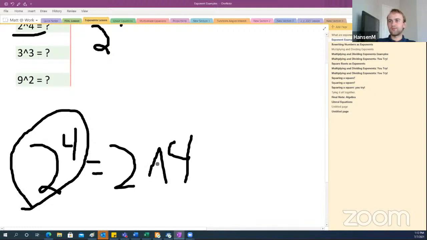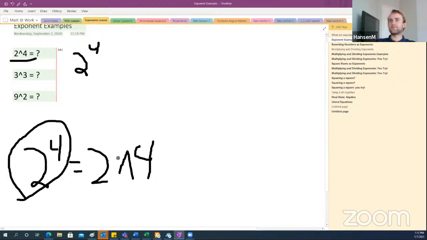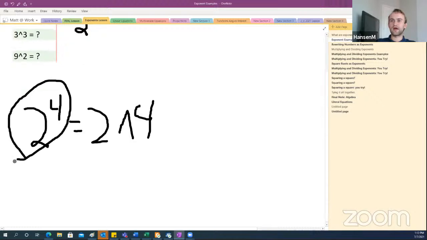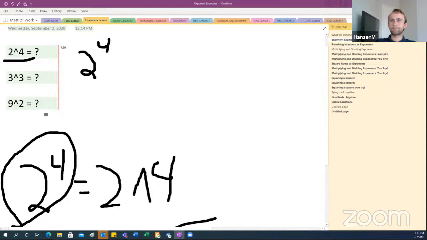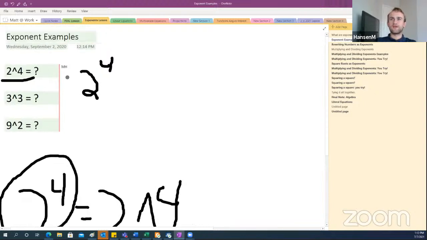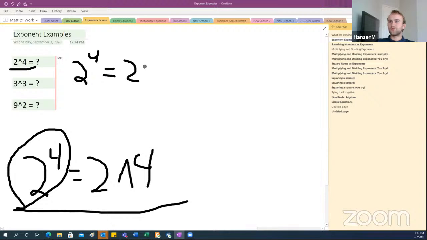It might be written with a caret sometimes, since that's easier to do on the computer or in a word processor. But these two kinds of notation mean the same thing. So anyway, working through the example, 2 to the 4 means 2 multiplied by itself 4 times. So we would say 2 times 2 times 2 times 2, which is equal to 16.